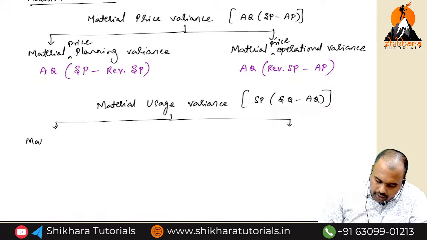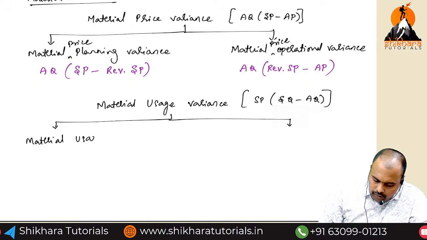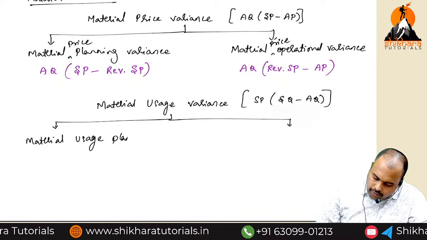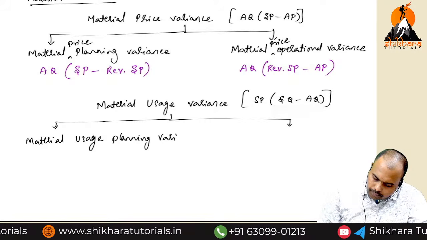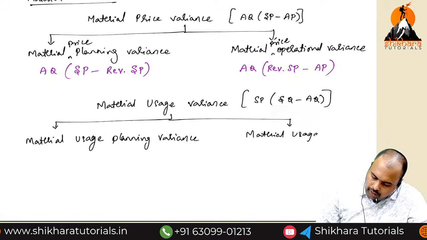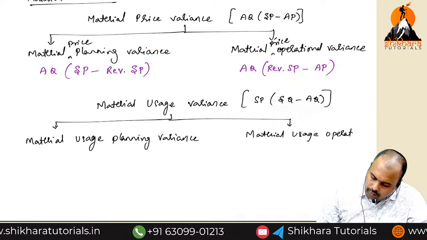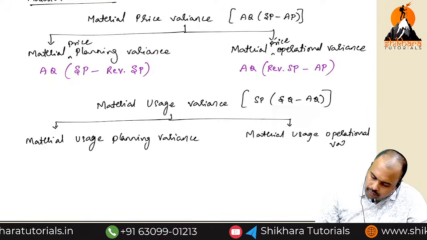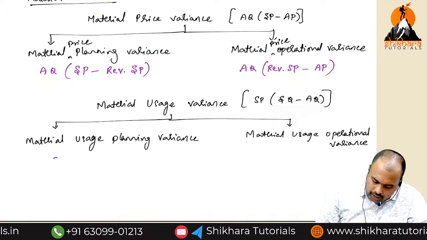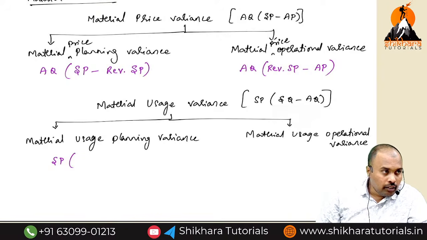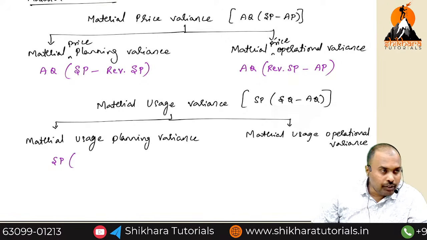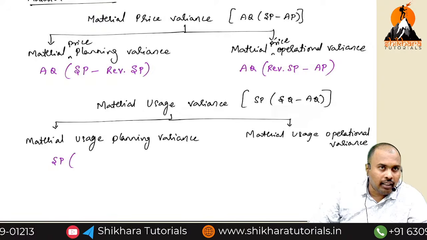Now, what about material usage planning variance and material usage operational variance? What has to be the formula? Same formula, standard price. In the place of actual quantity, I'm supposed to take revised SQ. And for operational, in the place of standard, I have to use revised standard.